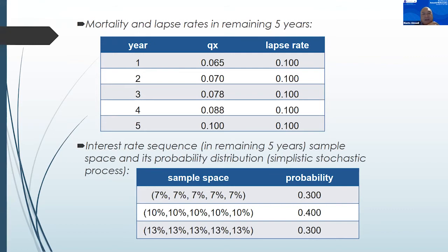Okay, and what's that 0.070, the QX for year 2? That's the probability, again, it's a conditional local probability. It's the probability that the insured will be dead in the second year, sometime in the second year, provided that he or she survives the first year.